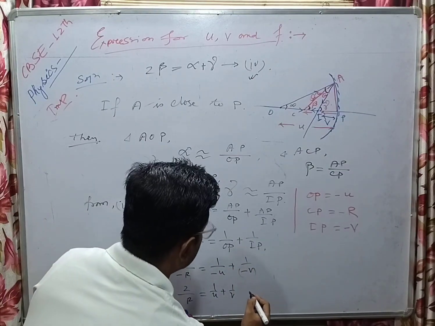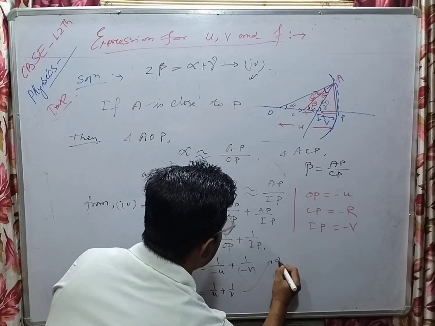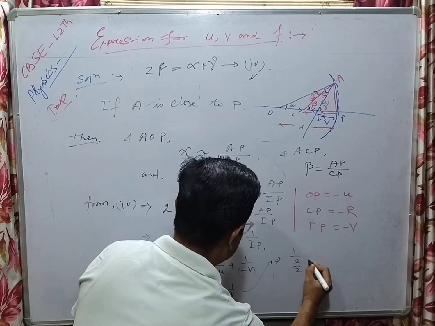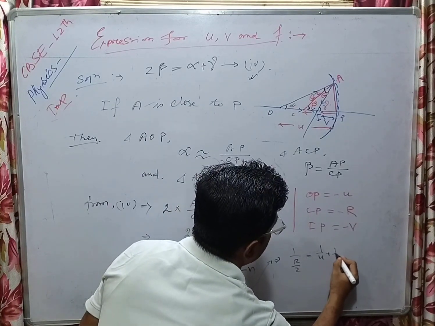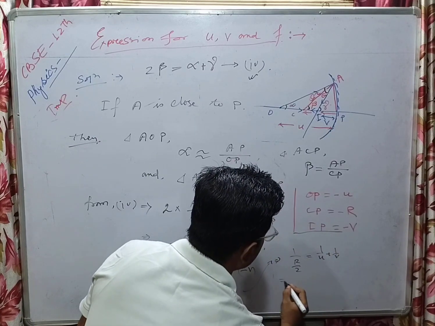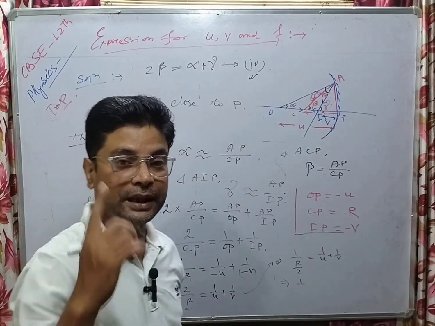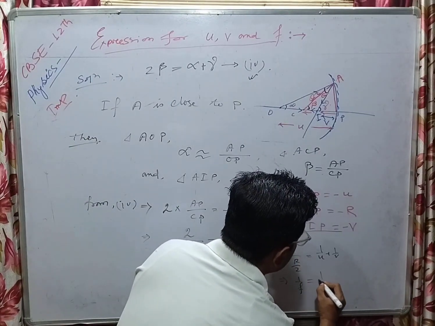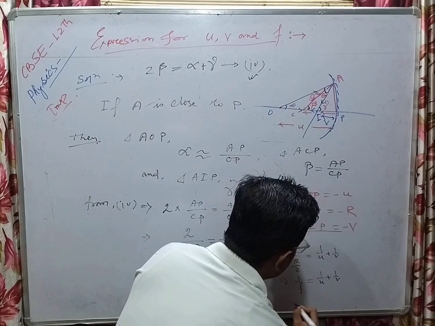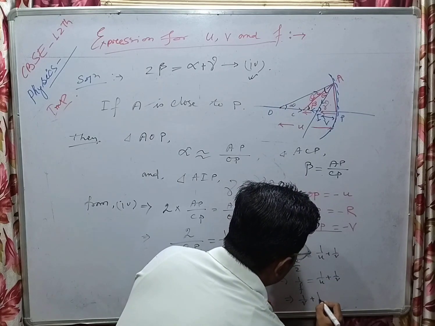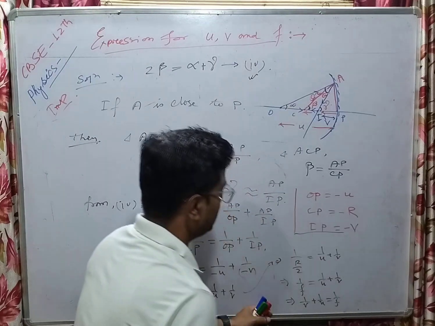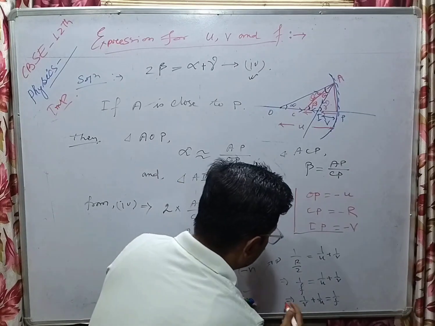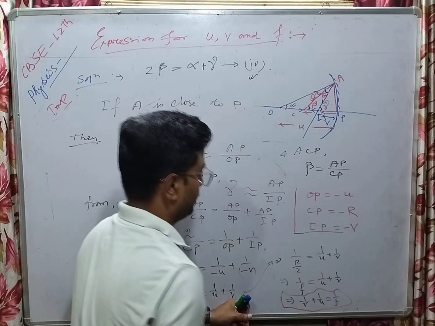Now from here, students, this can be written as 1 by R by 2 is equal to 1 by U plus 1 by V. This implies half of the radius of curvature is the focal length, so the focal length is equal to 1 by U plus 1 by V. That is, 1 by V plus 1 by U is equal to 1 by F. This is my expression, what I want to prove using geometry.